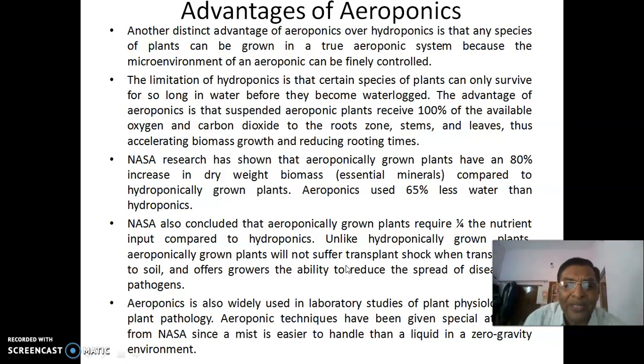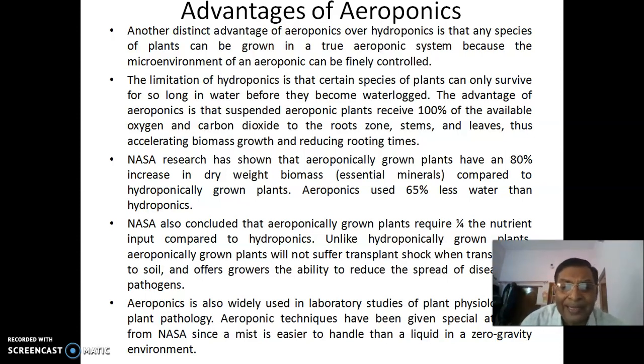Aeroponics is also widely used in laboratory studies of plant physiology and plant pathology.